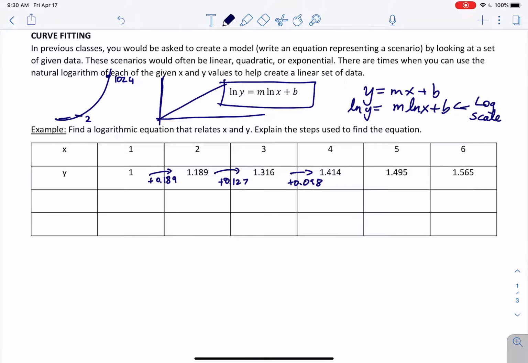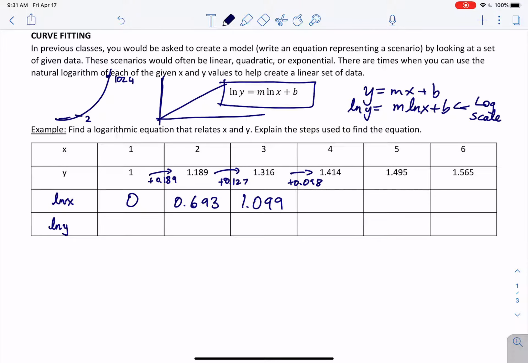But let's see what happens when we take the natural logs of each of these values. So we'll take natural log of x and natural log of y. The natural log of 1 is 0. Natural log of 2 is 0.693. Natural log of 3 is 1.099.